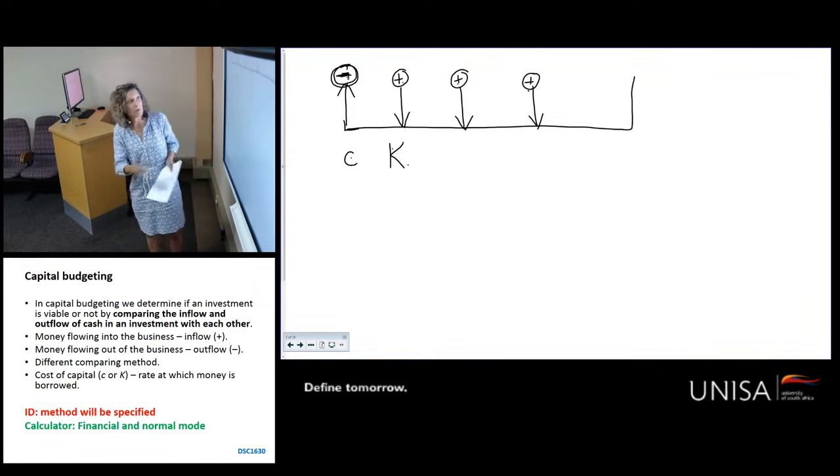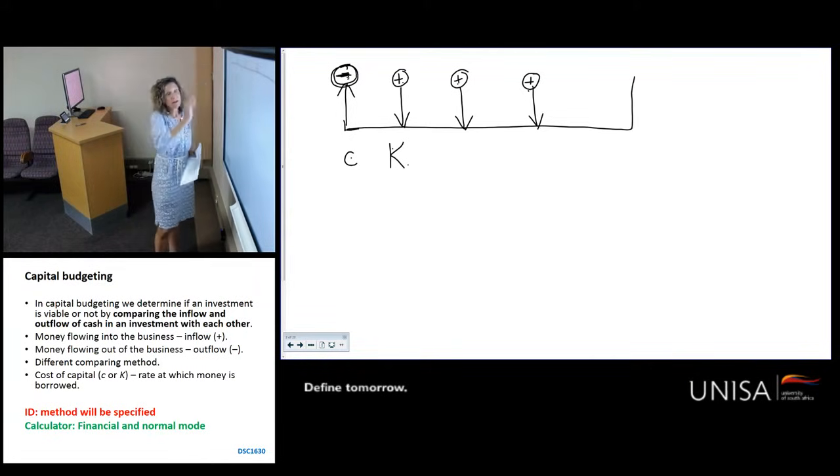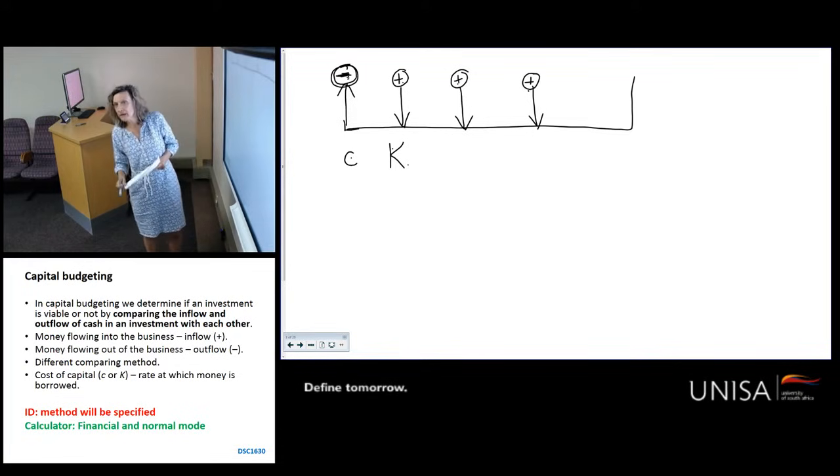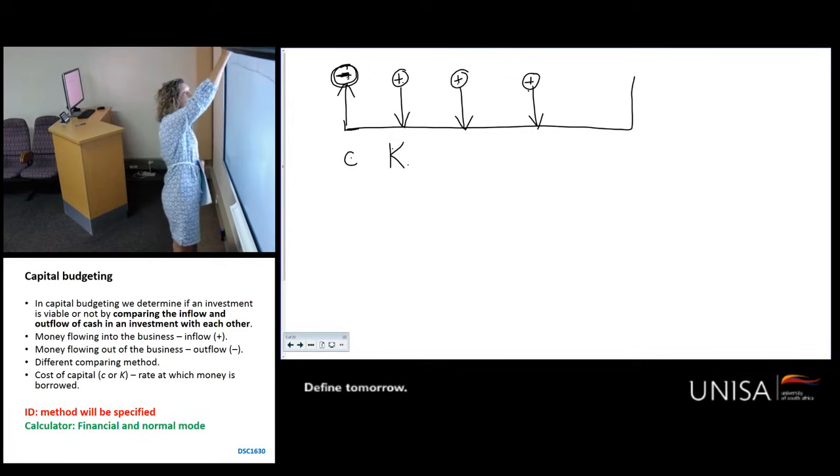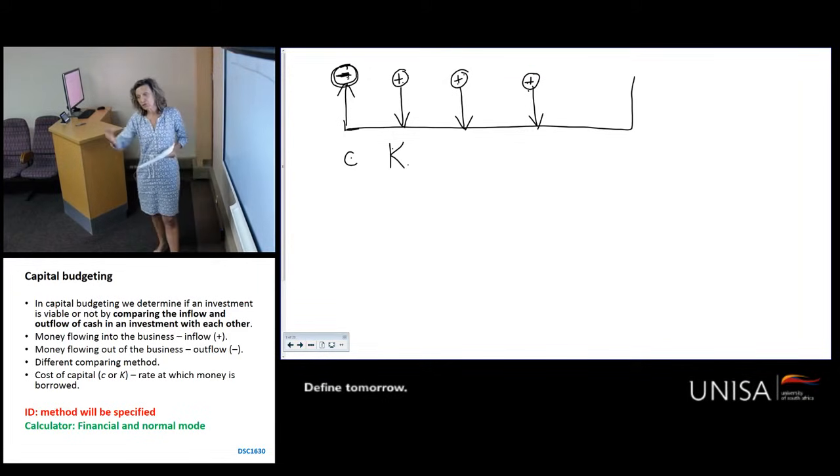You will see why I'm mentioning it now. And then later on, we will also have an investment interest rate where we will take our positives and invest them or save them in a savings account. But we'll get to that later on. Now, firstly, the method will normally be specified.